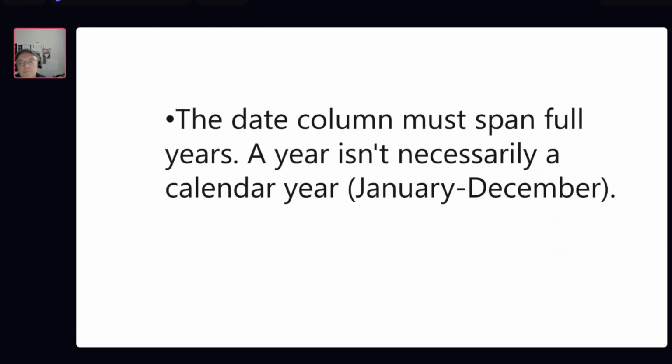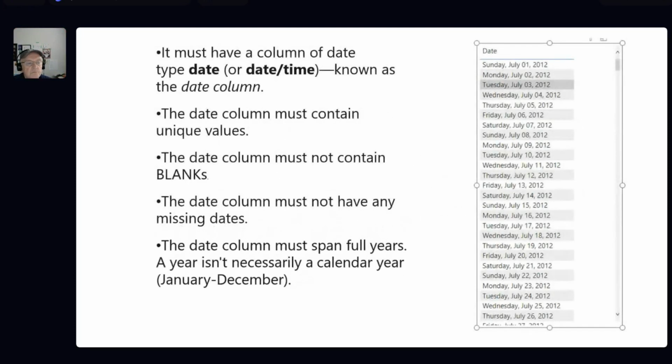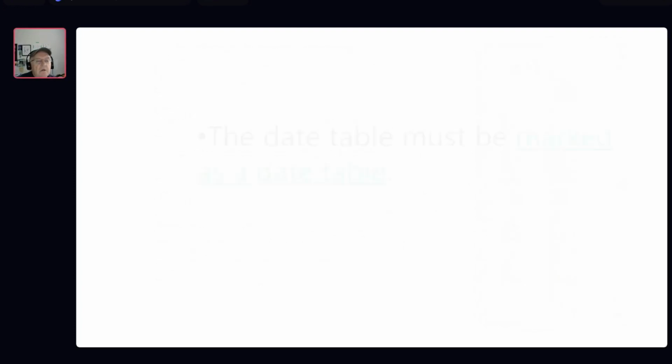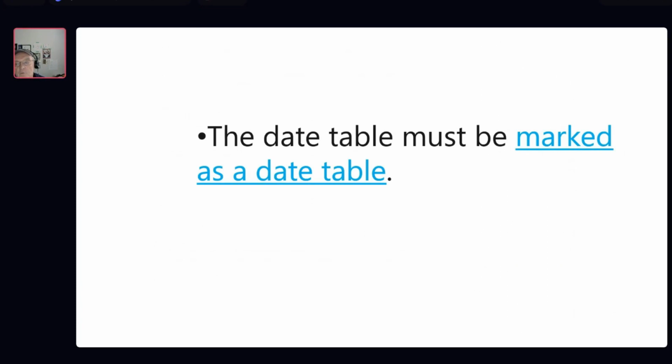The date column must span full years, and a year doesn't necessarily have to be a calendar year. It can be a fiscal year, but it has to be a complete 12 months. And last but not least, the date table must be marked as a date table.